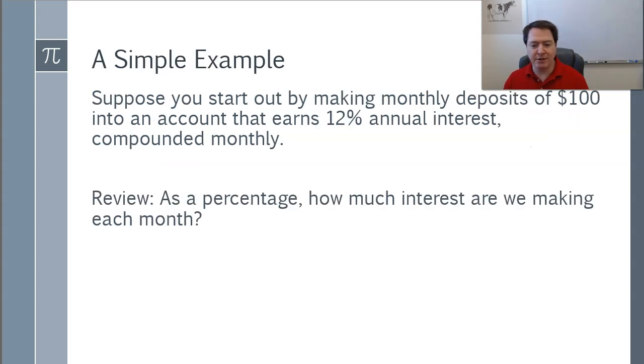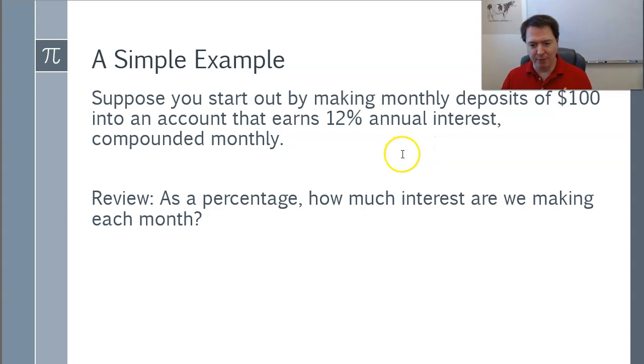Okay, so just to make sure that we're following what's going on here, let's start with nice round numbers. If I make a plan to save $100 every month in an account that gets 12% annual interest, let's figure out what that account's future value is going to be, to see how much money I would have in that account over time. First things first, if I'm making monthly deposits and my interest is compounded monthly, I'm certainly not getting 12% every month.